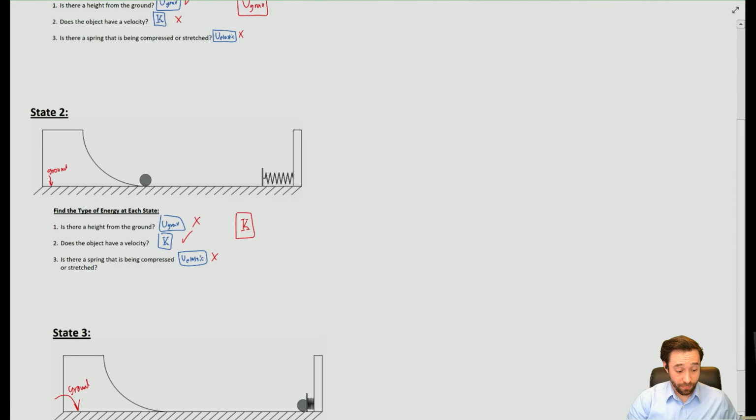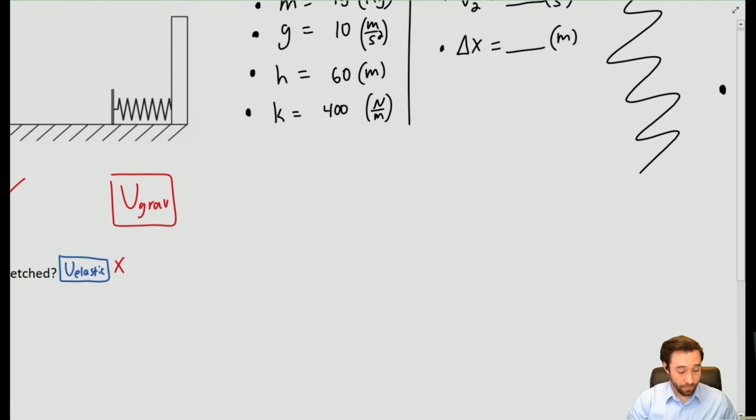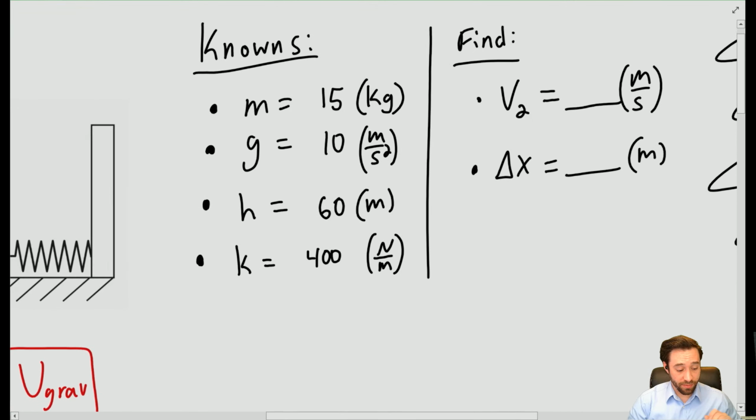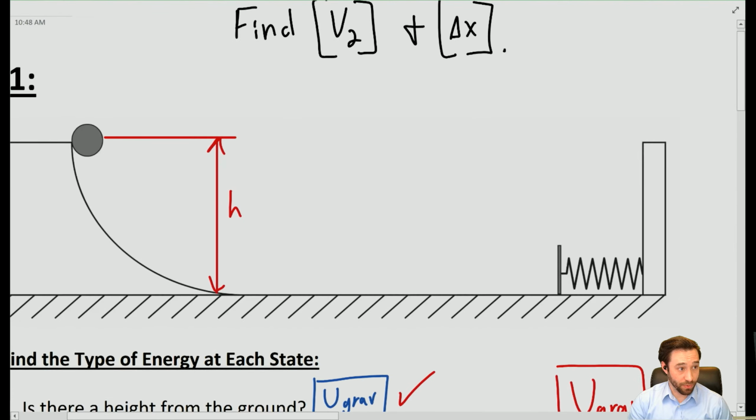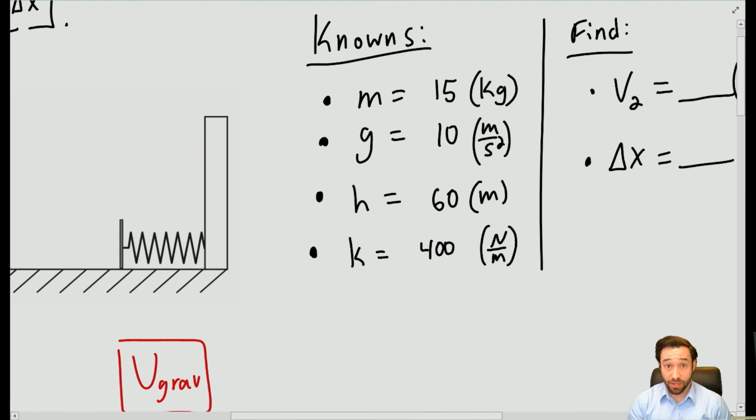So what we're given is this information here. I'm given a mass of 15 kilograms. I'm given the acceleration due to gravity, which in my class, just to keep the math simple, is going to be 10 meters per second squared. The height that the object is at when it starts, so this h right here, is going to be 60 meters above the ground.